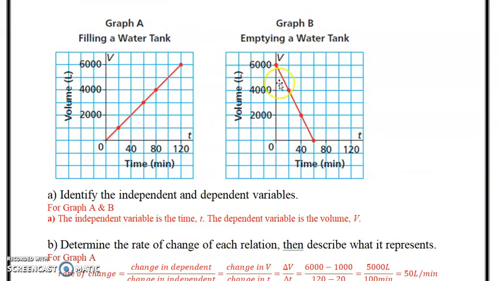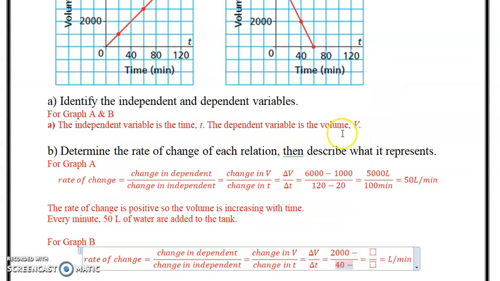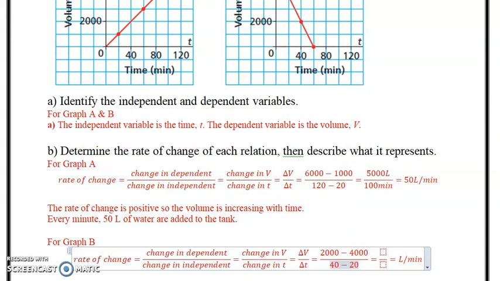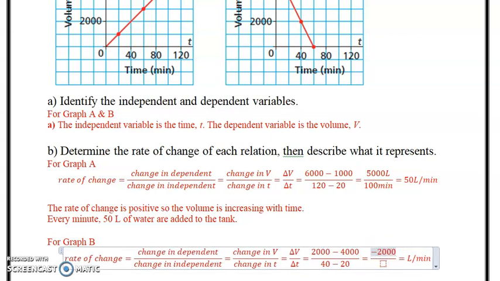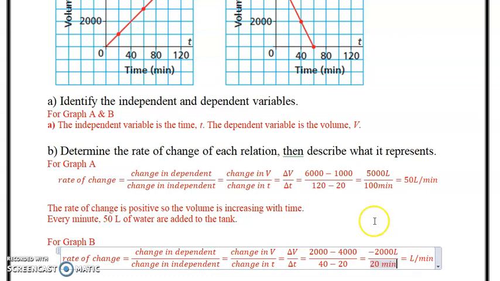And that's going to subtract the initial. We'll do this one here at 20 minutes, it was 4,000 liters. So 2,000 minus 4,000 liters over 40 minus 20 minutes would be negative 2,000 liters over 20 minutes.